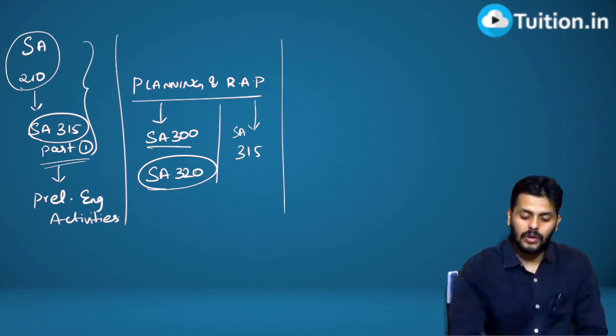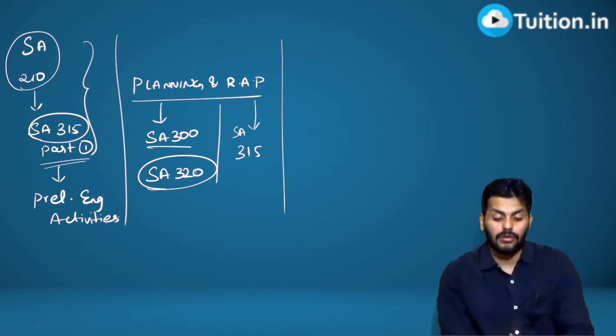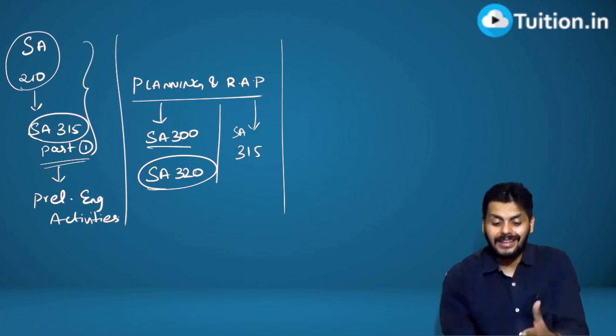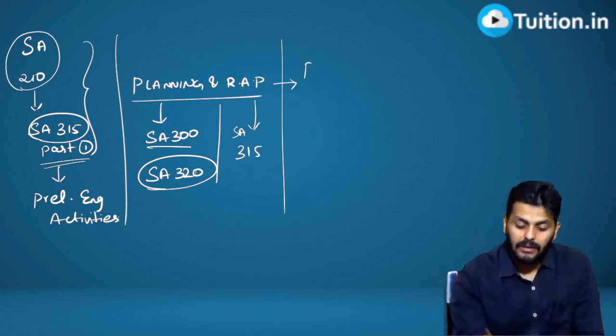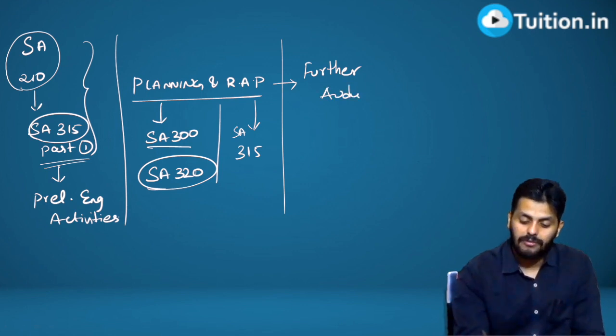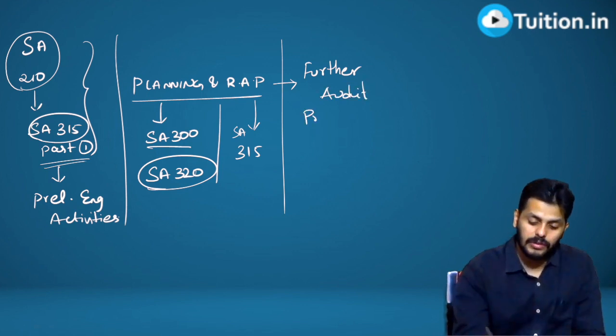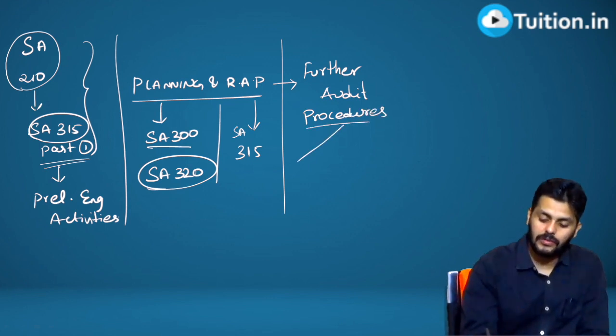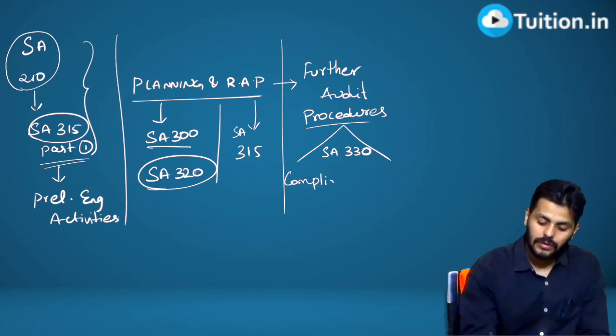This is what we are supposed to do in risk assessment procedures, and then this will be followed up by what? Further audit procedures. Further audit procedures are discussed in 330, called compliance and substantive.